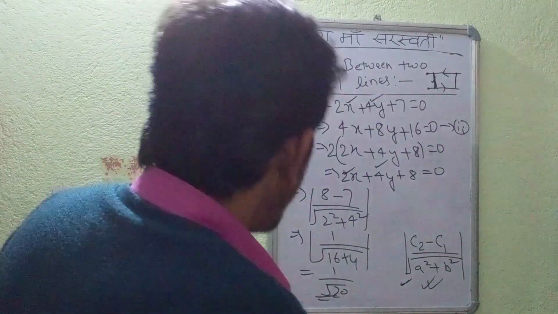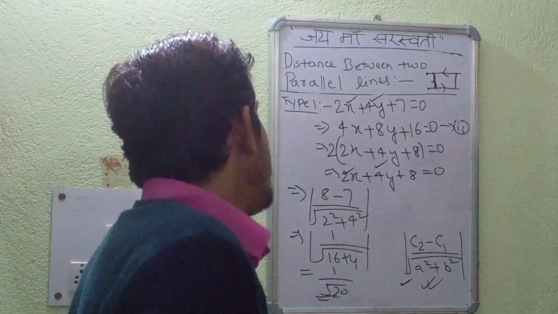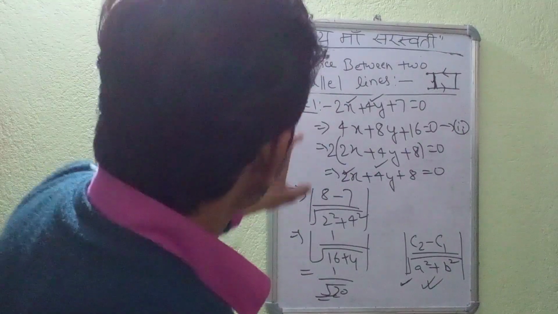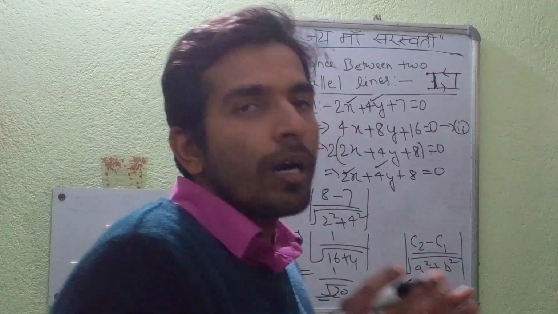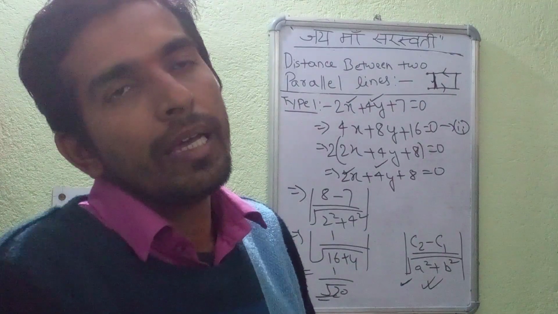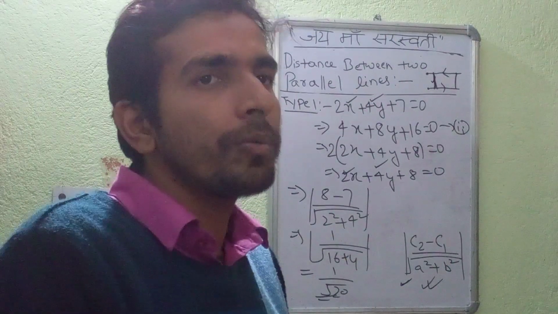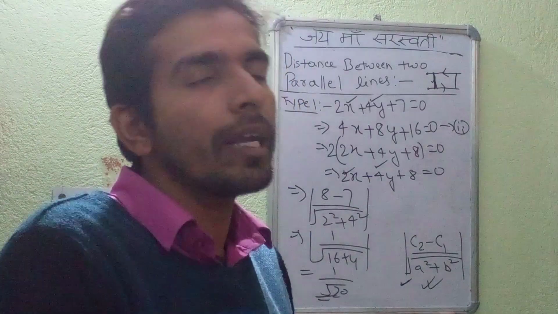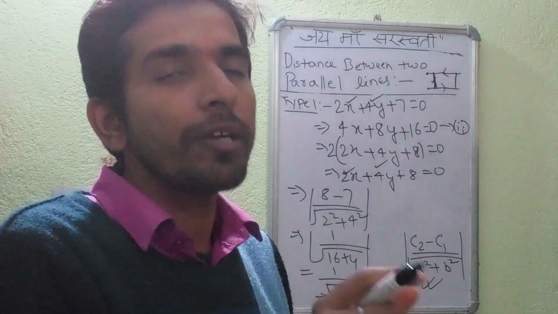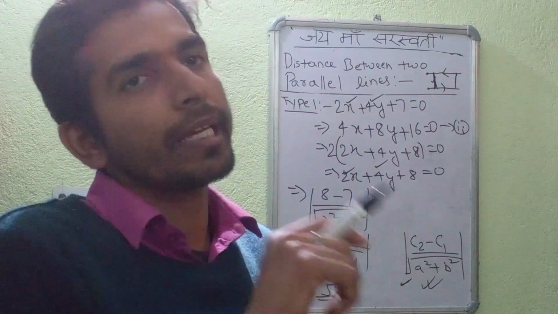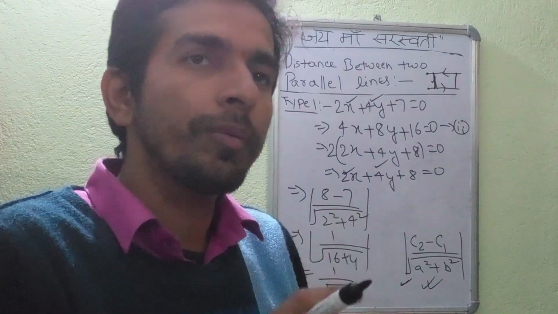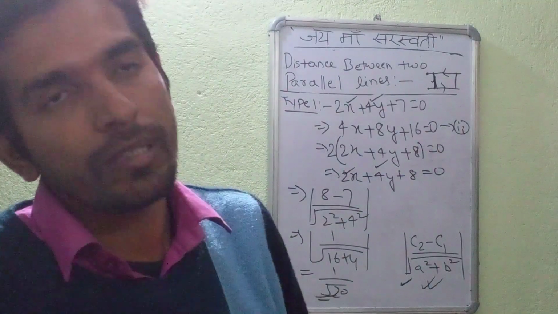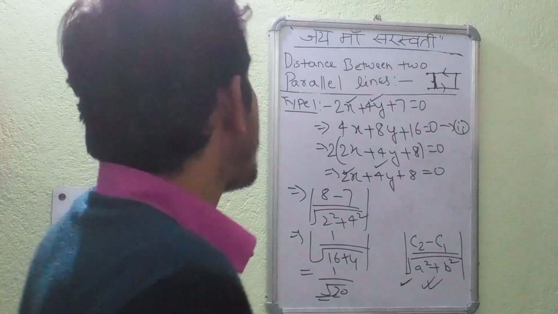The second type of question is where a middle parallel line is given, and we have to calculate the distance of that line from the first one, and also the distance of the middle parallel line from the third one. That is another type of question.